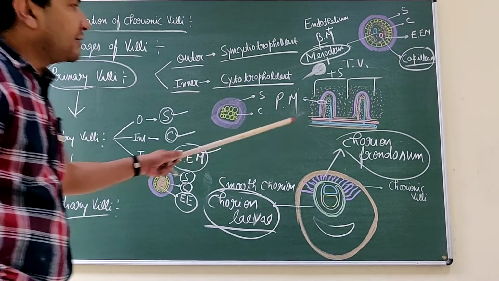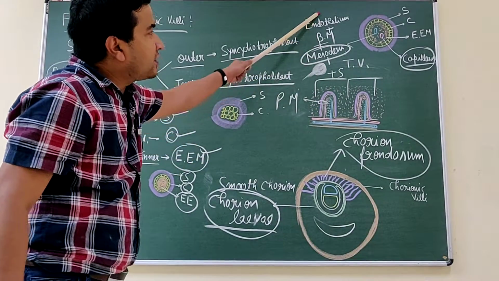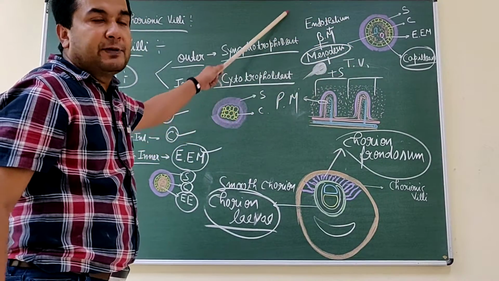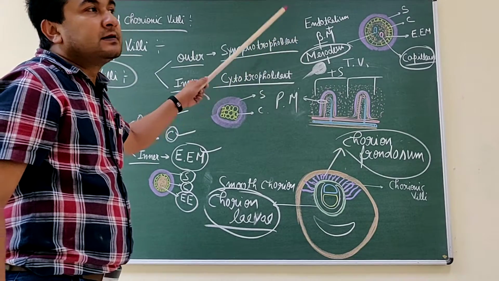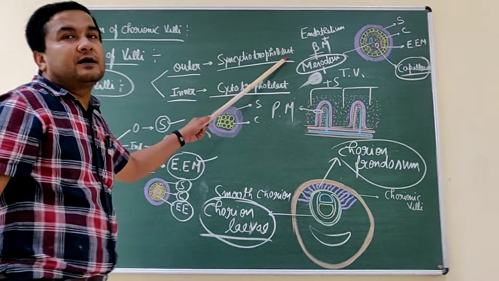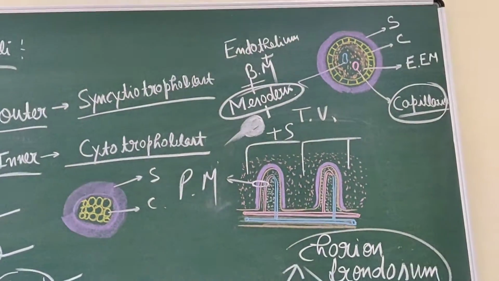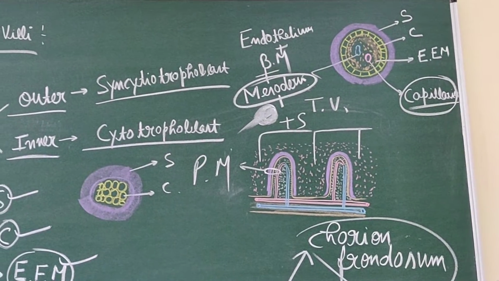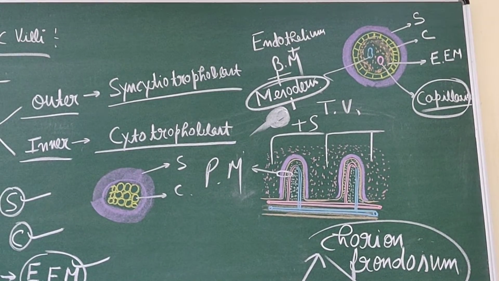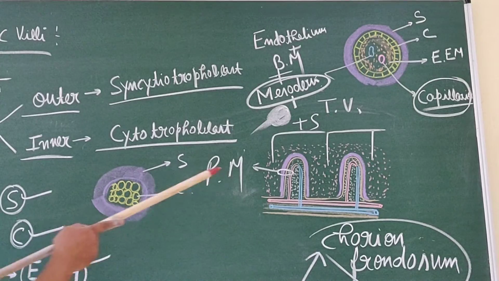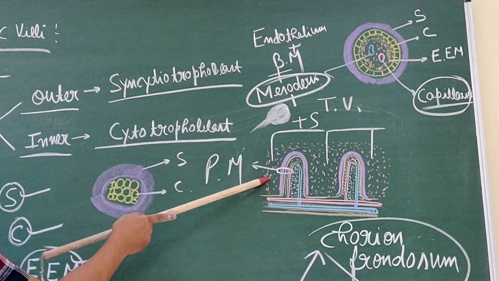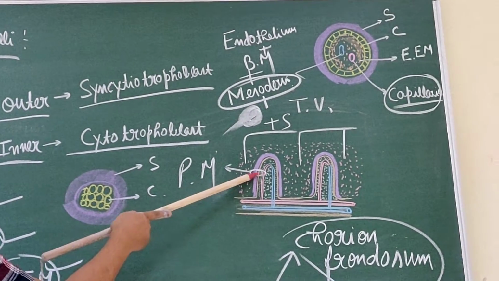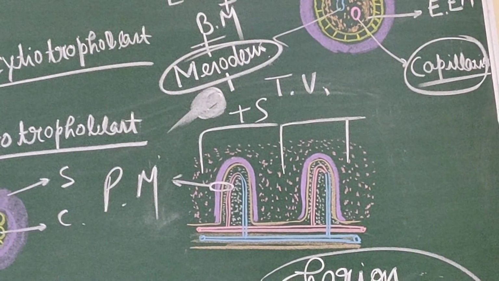As a result, this four-layer placental membrane becomes three layers or sometimes two layers. The basic reason is to increase the efficiency so that the exchange between the maternal blood and the fetal blood can take place easily.